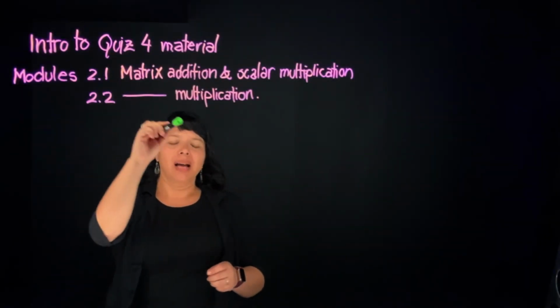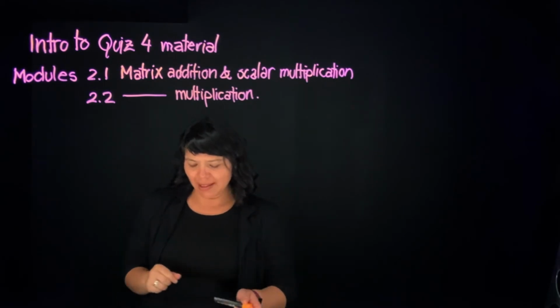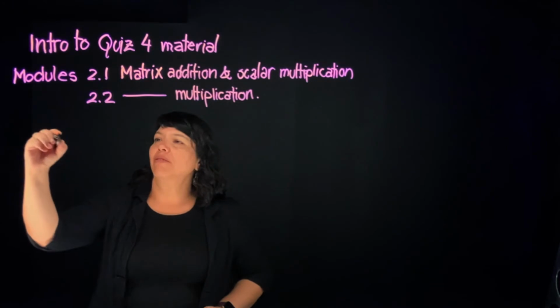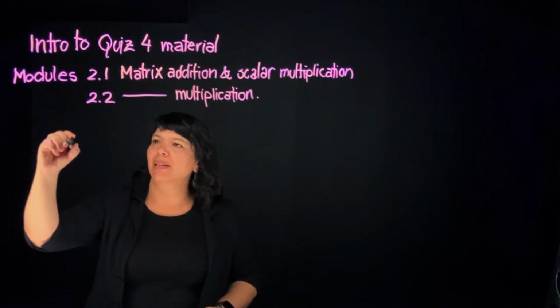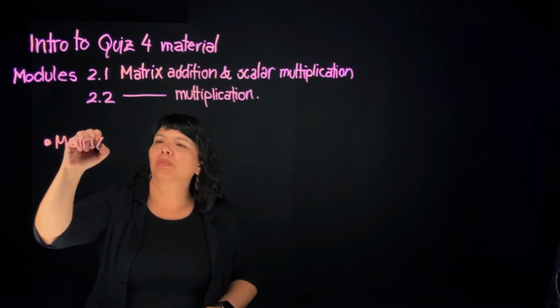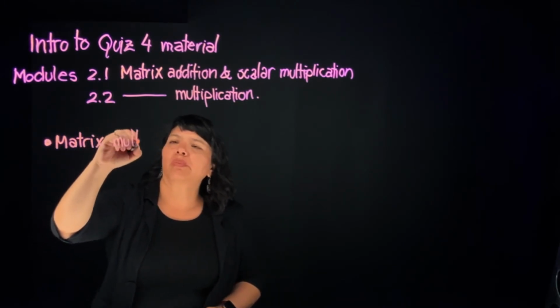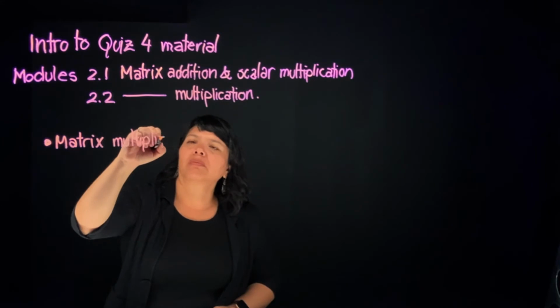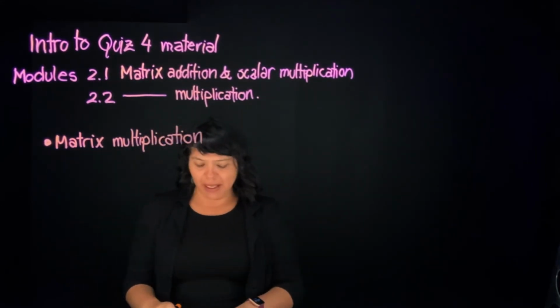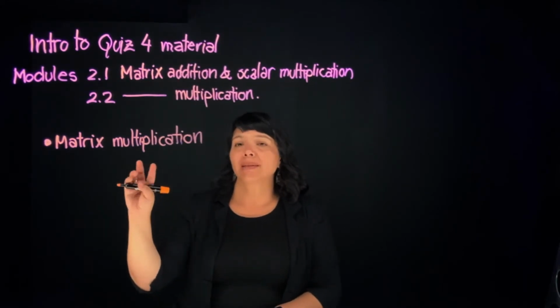Okay, so about matrix multiplication, what things would I like you to keep in mind when you're reading your textbook? The first very, very important thing is that matrix multiplication does care a lot about the size of the matrix.